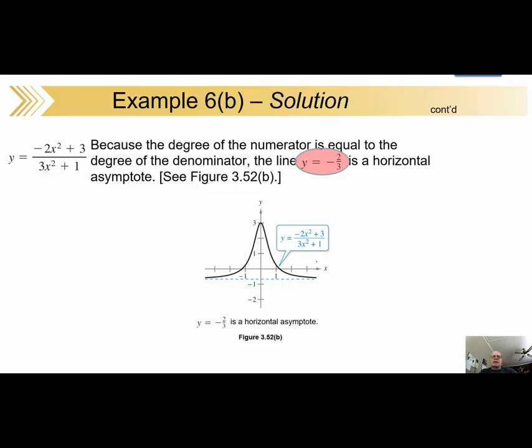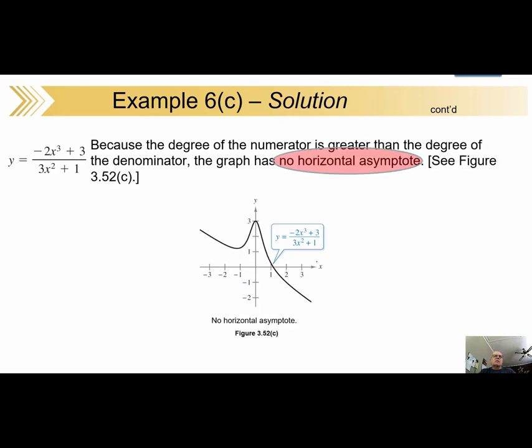There's your horizontal asymptote, and you can see a picture there. And the third one, the degree on the top was larger, so there's no horizontal asymptote. What you might notice is you sort of have an asymptote, but the point is there's no vertical asymptote, no horizontal asymptote.